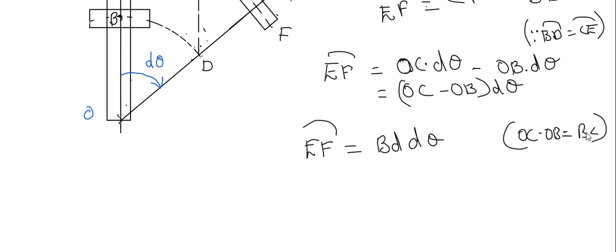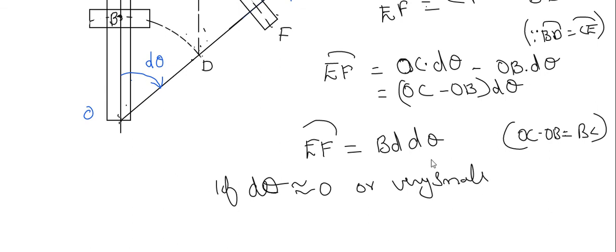Now if d theta is very small, that means the angular displacement is approximately equal to 0 or very small, then BC will be equal to DE.